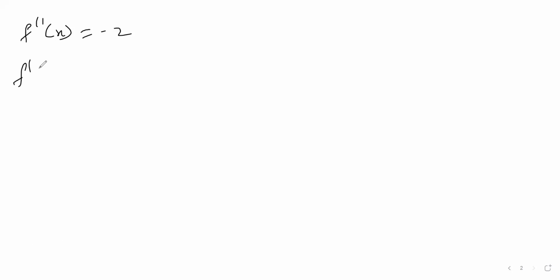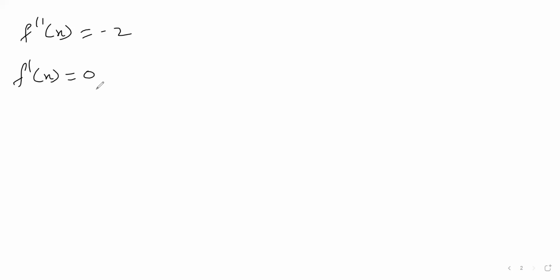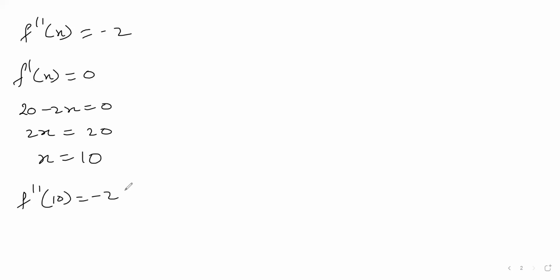Now we'll put f dash of x as 0. So we'll put 20 minus 2x equals 0. 2x is equal to 20. x is equal to 10. If x is 10, I'll get f double dash of 10 is minus 2.